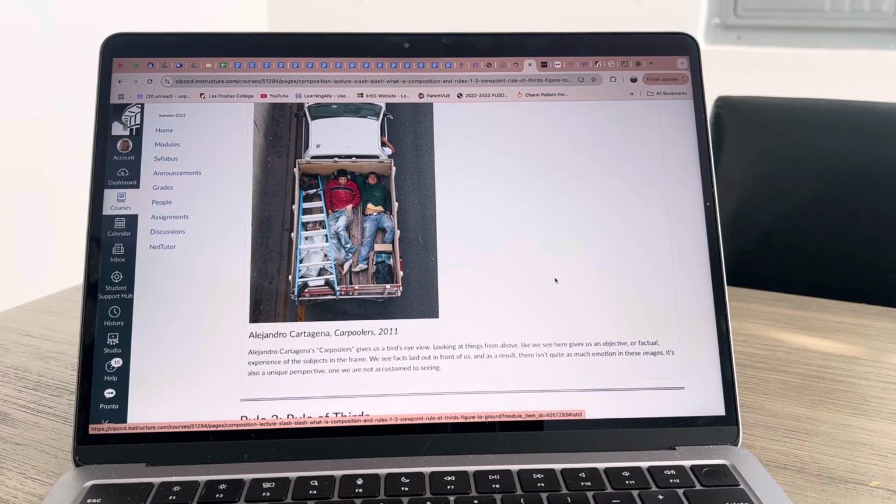Looking at things from above, like we see here, gives us an objective or factual experience of the subjects in the frame. We see facts laid out in front of us, and as a result, there isn't quite as much emotion in the image. It's also a unique perspective, one we are not accustomed to seeing.